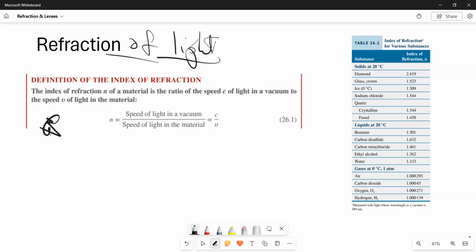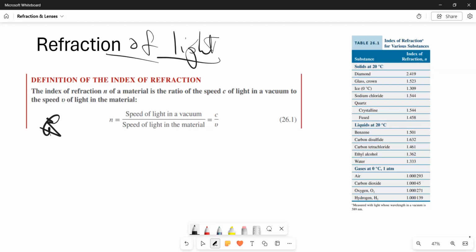But before we get into that, we just want to define something called the index of refraction. Basically, this index is given by this formula here: n equals the speed of light in a vacuum over the speed of light in whichever material we are talking about.